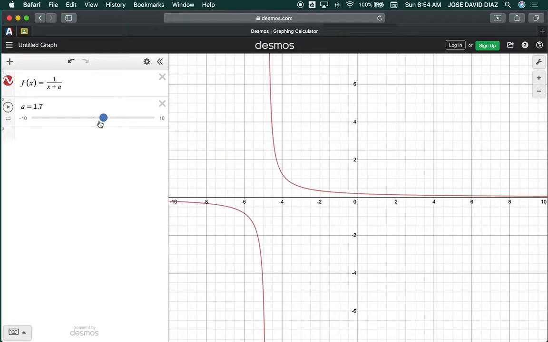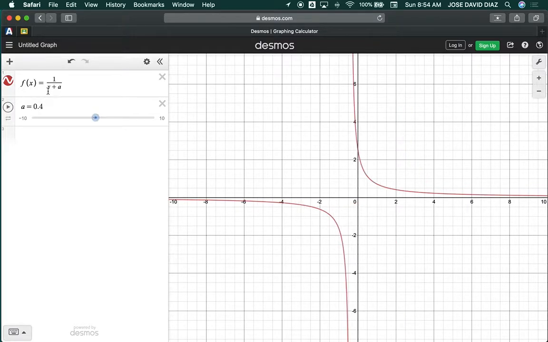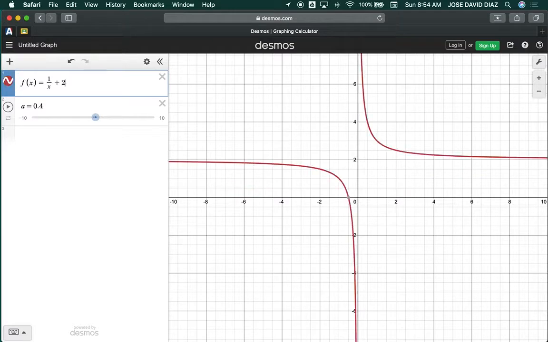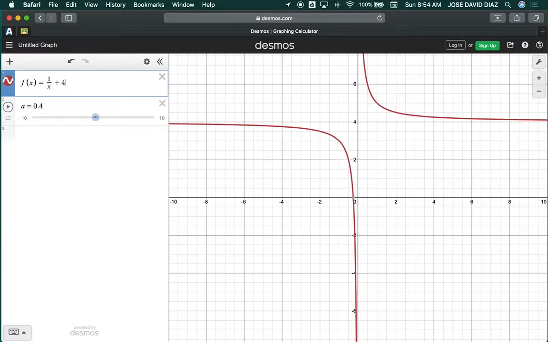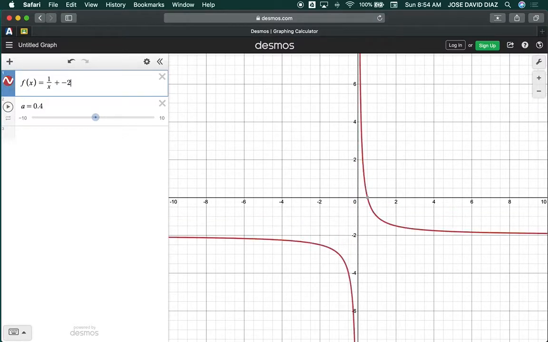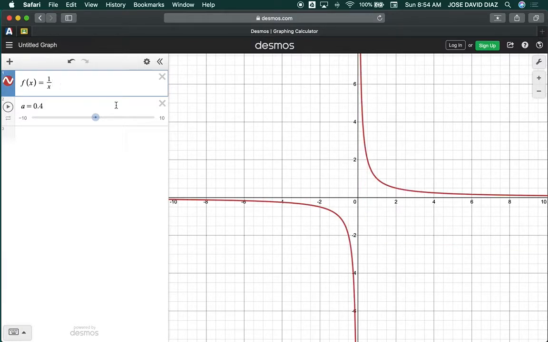So we can still talk about shifting left and right depending on the value plugged in here. And even if I place a value here, what happens if I place a +1? It moves it up. +2 moves it up, +3, +4, +5. So we can still talk about that. If I plug in a -1, -2, -3, we'll shift it down. So we can still talk about shifting.